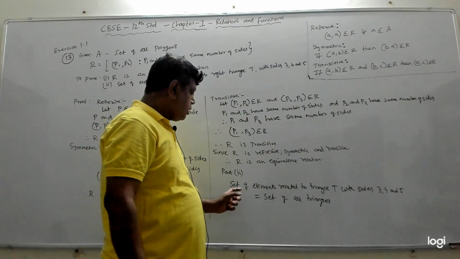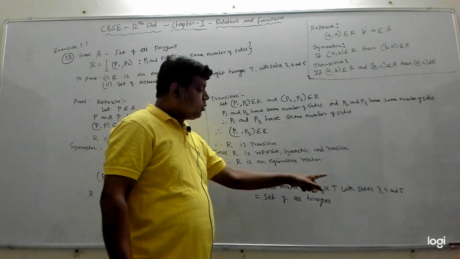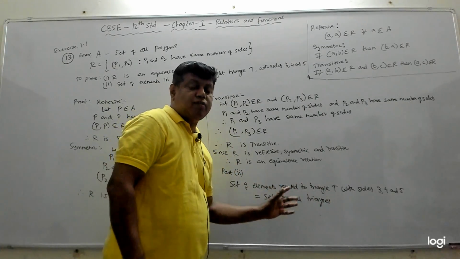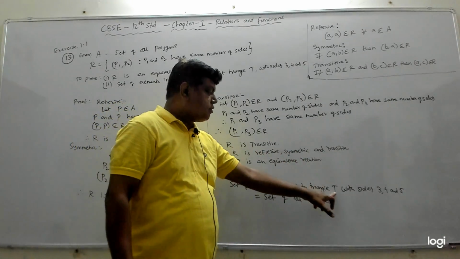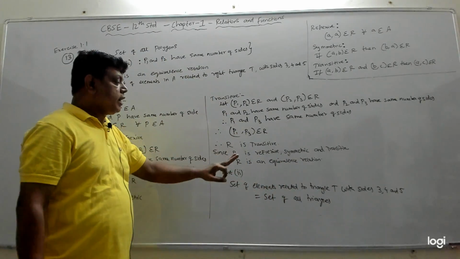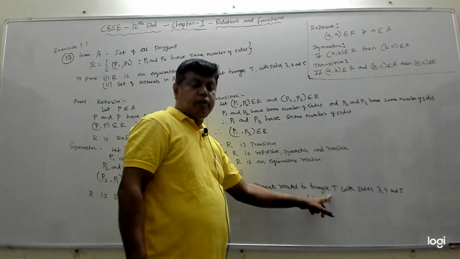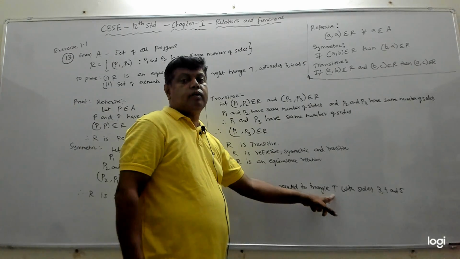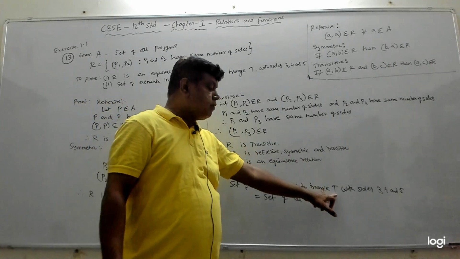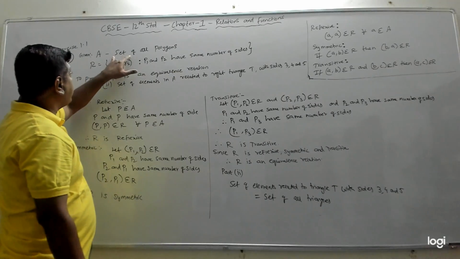Set of all triangles, because any element related to T means, since the triangle is a polygon, it should have the same number of sides. Triangle has 3 sides, so whichever element in A has 3 sides is related to this triangle T. What are all the elements from A which have 3 sides?